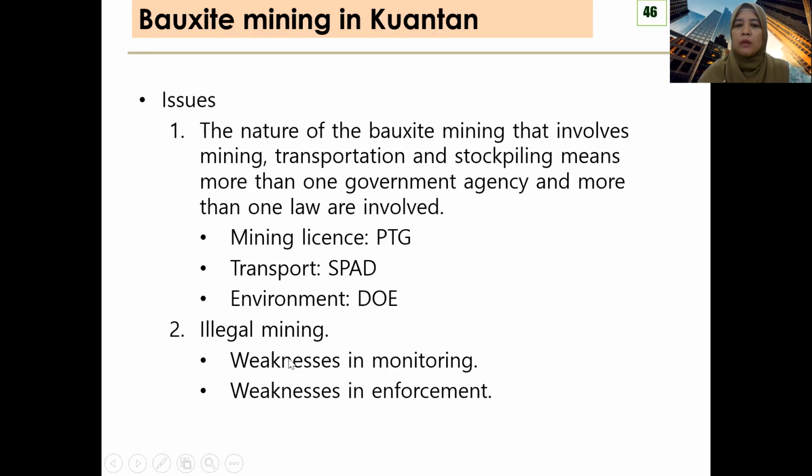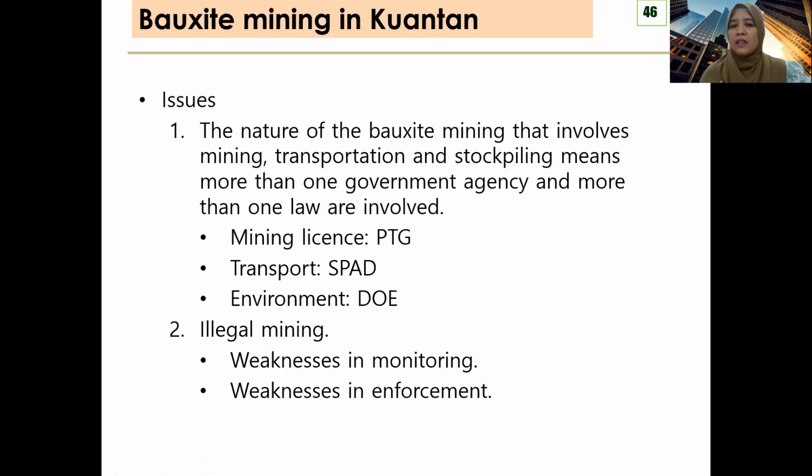Illegal mining was caused by weaknesses in monitoring and also enforcement. So this was why it was so complex, because some environmental issues does not just concern DOE, but also involve other departments who gave the permission for the activity to be undertaken.